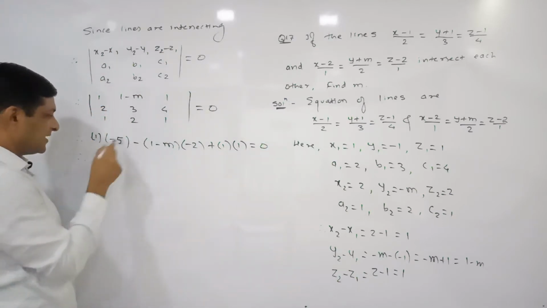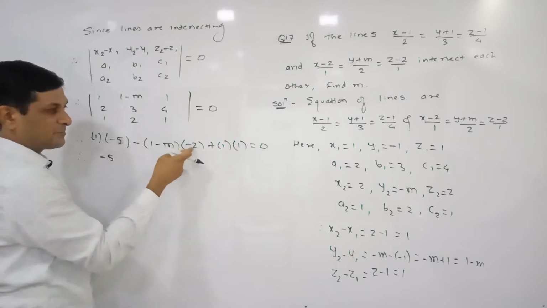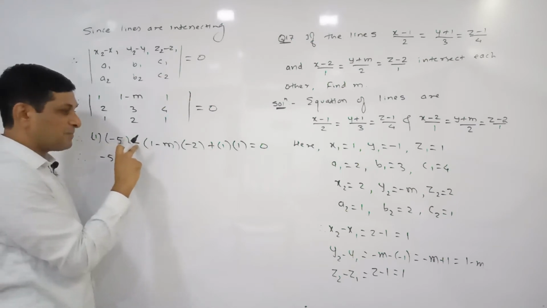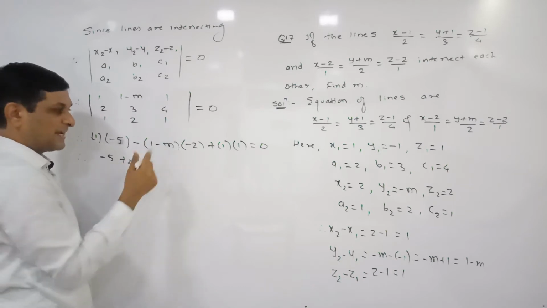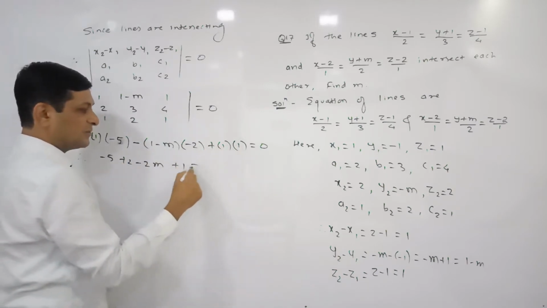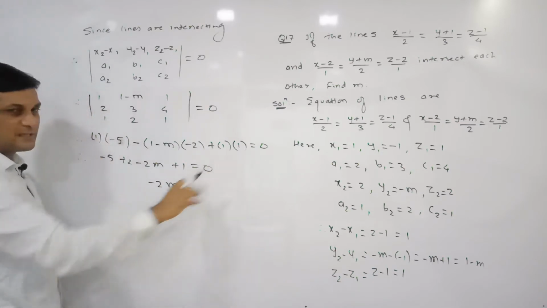So 1 into minus 5 is equal to minus 5. Now check what we get. Minus 2 into minus becomes plus 2, and I am multiplying by plus 2 to both the terms in this bracket. 2 ones are 2, 2 into minus m is minus 2m. Here 1 ones are 1, equal to 0. So keep this minus 2m as it is, and collect the remaining constant terms on this side.